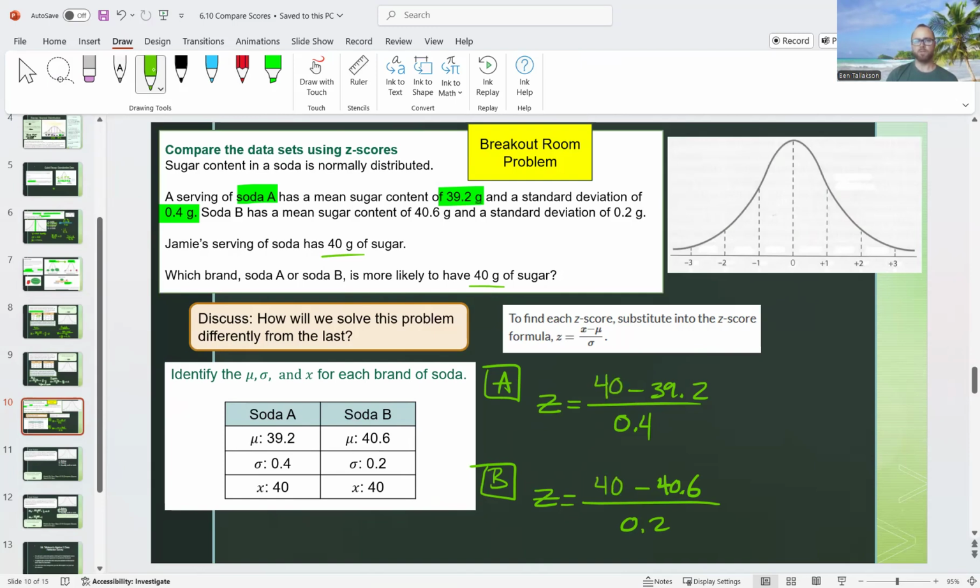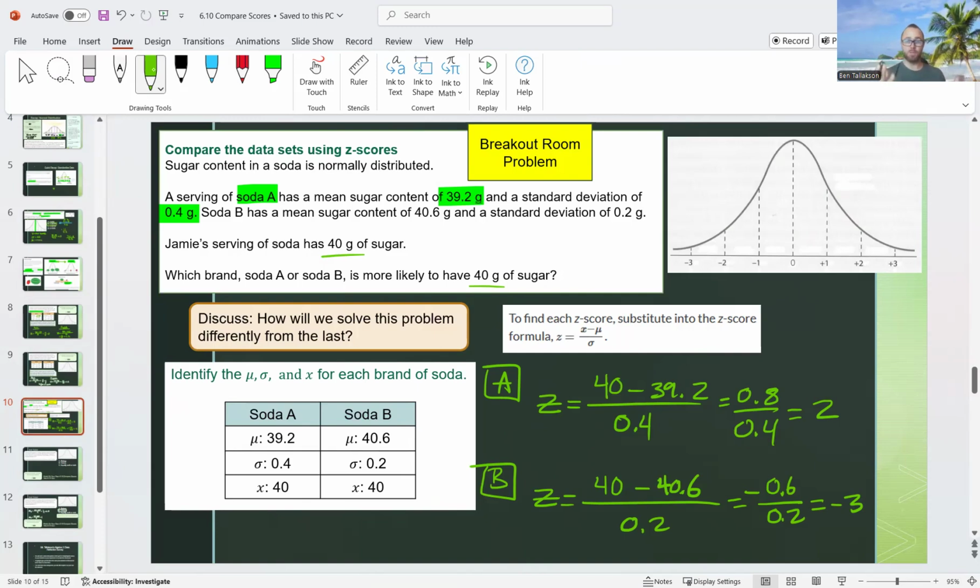Okay, so we work these out. And what happens? Let's see. Subtract. Divide. We get 0.8 over 0.4. That's a z-score of 2. And we get negative 0.6 over 0.2, which is -3 on the z-score.